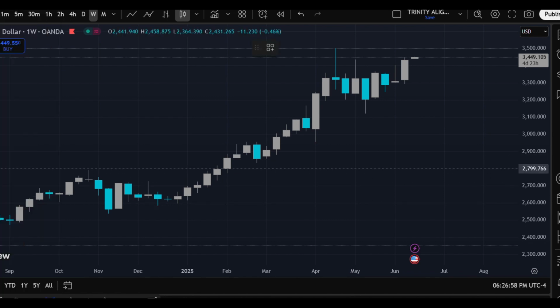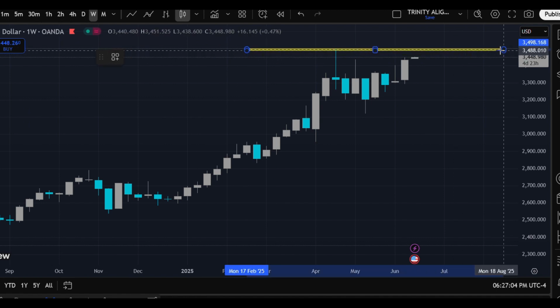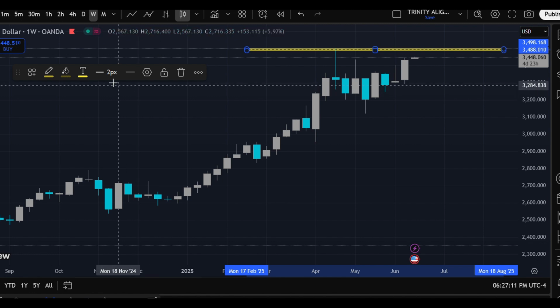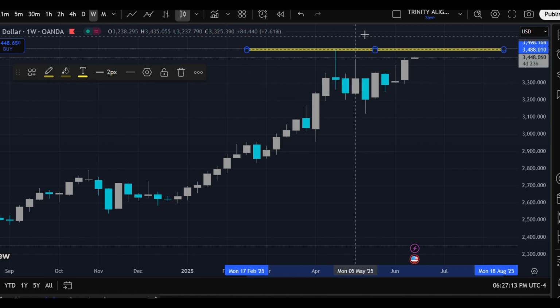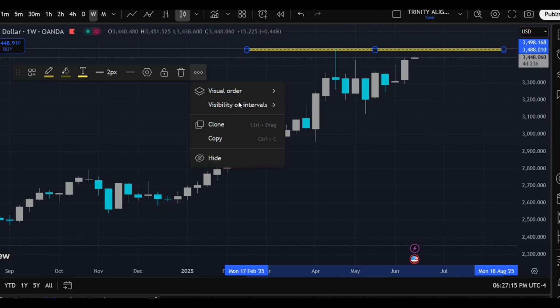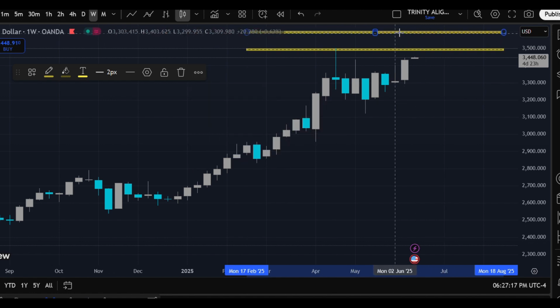So what we're going to do is bring out our rectangle, and we're going to go ahead and mark off these levels. And this is just for a reference for the bigger time frame, and then we go ahead and come down into the smaller time frame and work the magic there as well.